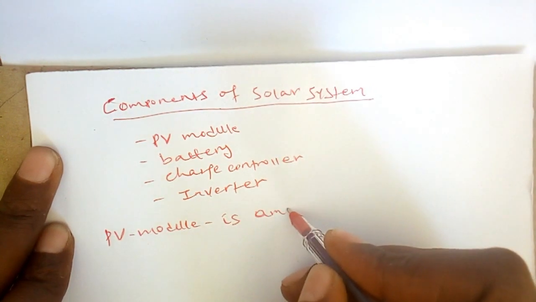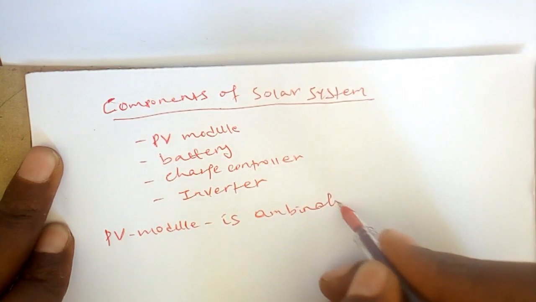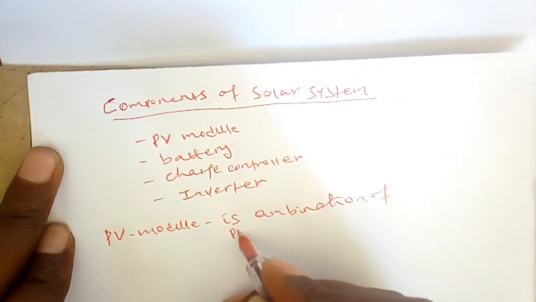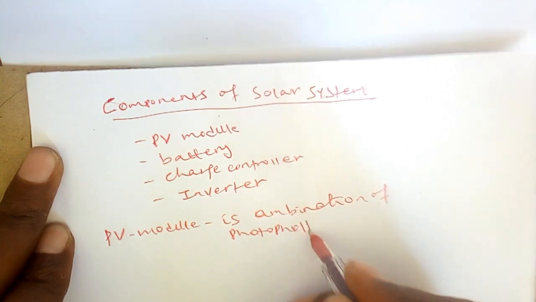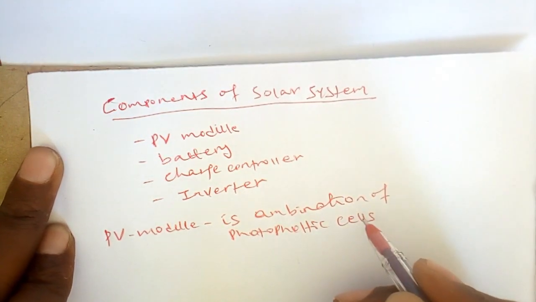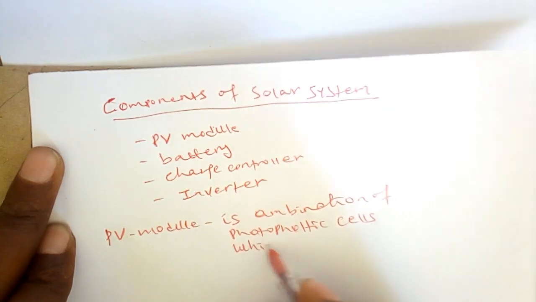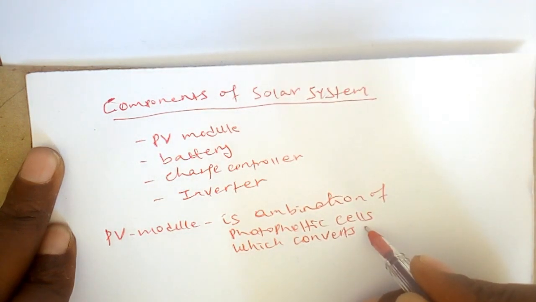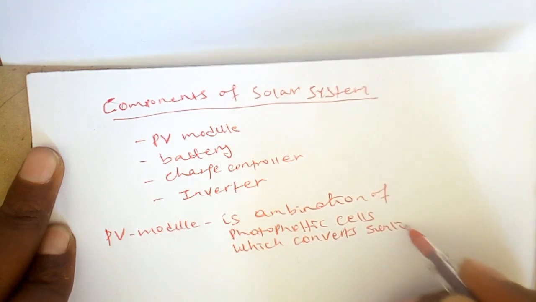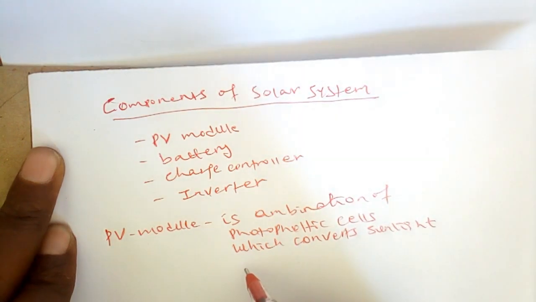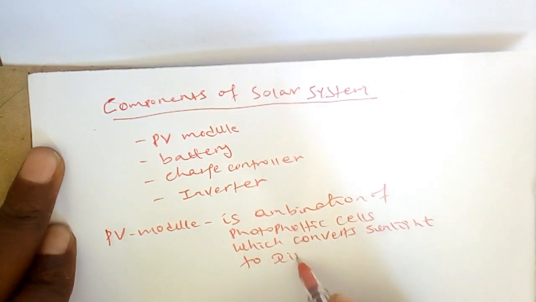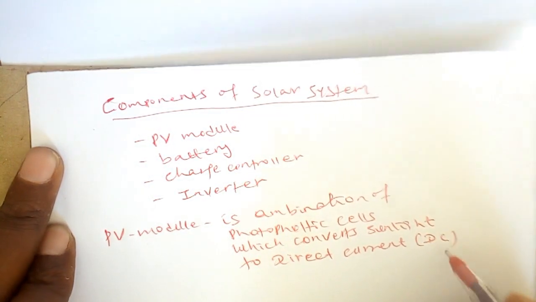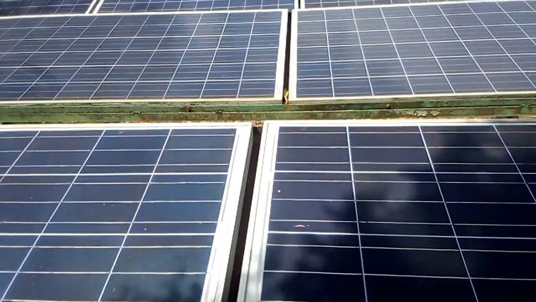PV module is a combination of photovoltaic cells, which converts sunlight to direct current, DC current.